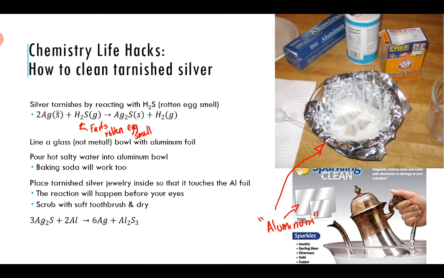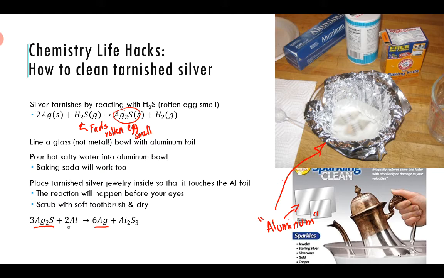But that's going to react with the silver metal to produce silver sulfide and H2 gas. This reaction happens naturally. That's the spontaneous direction for that reaction. And so you don't actually notice the H2 gas being formed, but eventually you end up with silver sulfide all over the surface. And so what we're going to do is we're going to turn that silver sulfide back into silver metal.